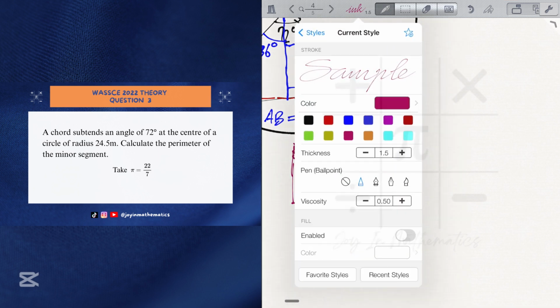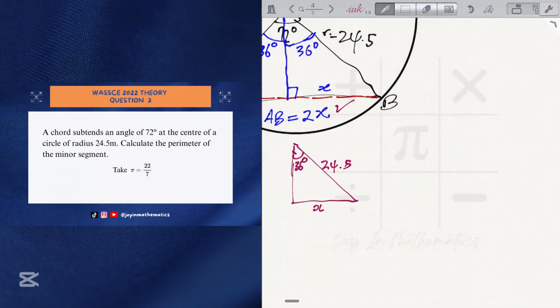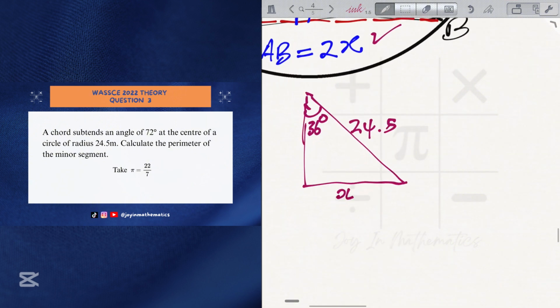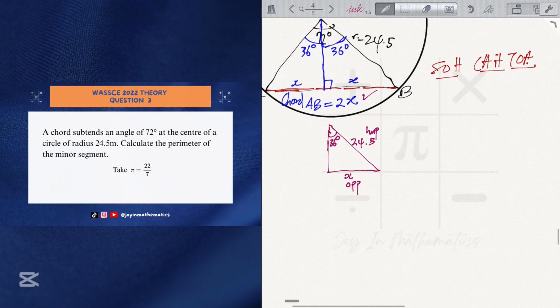To fully evaluate the value of x, we are going to apply the principle of trigonometry, SOHCAHTOA, where sine is opposite over hypotenuse, cos is adjacent over hypotenuse, and tan is opposite over adjacent. Now looking at this triangle, the side facing the angle is the opposite and this is the hypotenuse. What will relate opposite and hypotenuse together is sine.